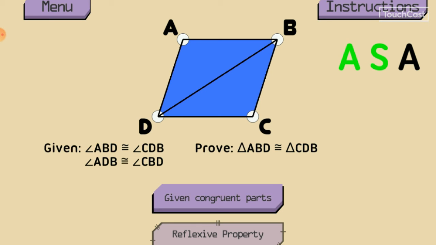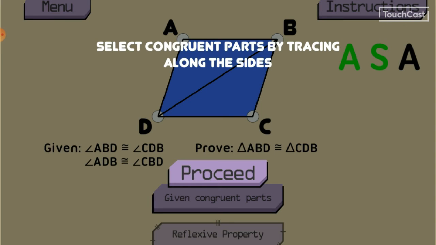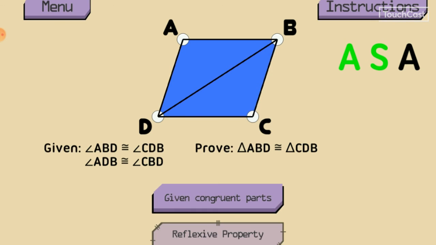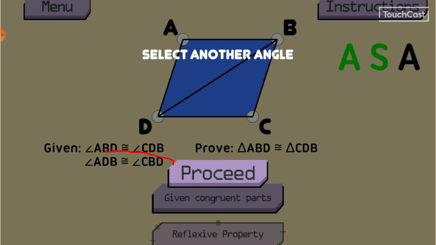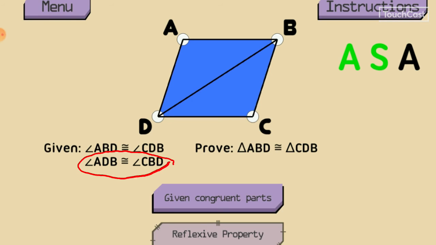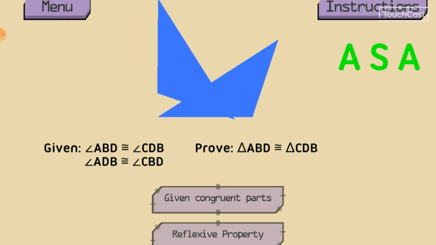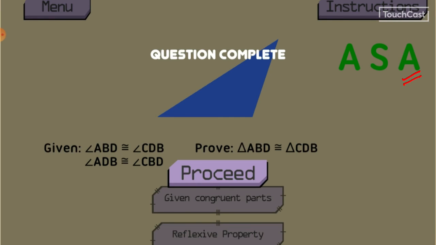We can go back again to the given. Let's select now another pair of angles. That's ADB, congruent to CBD. And there the proof is completed, and we can now proceed to the next question.